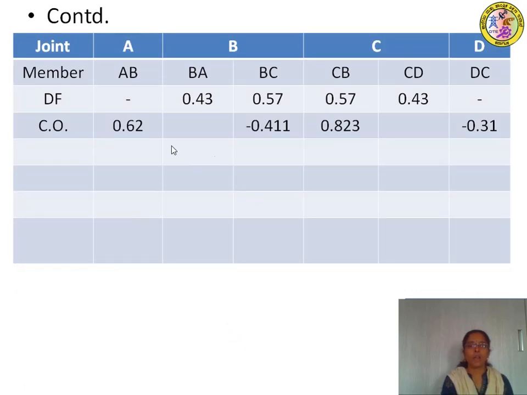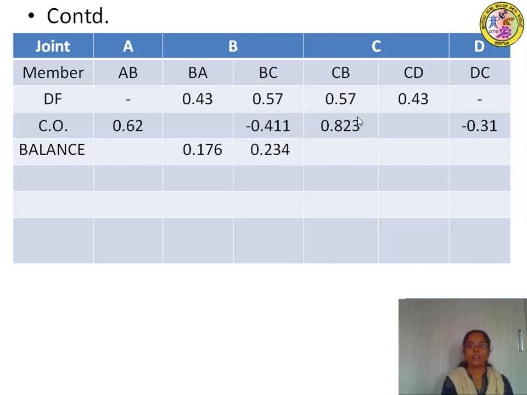So again, balancing of joint B and C has to be carried out. Joint B is imbalanced by minus 0.411. Therefore, balancing moment will be plus 0.411. So, 0.411 into 0.43 will be equal to 0.176, and 0.411 into 0.57 will be equal to 0.234.